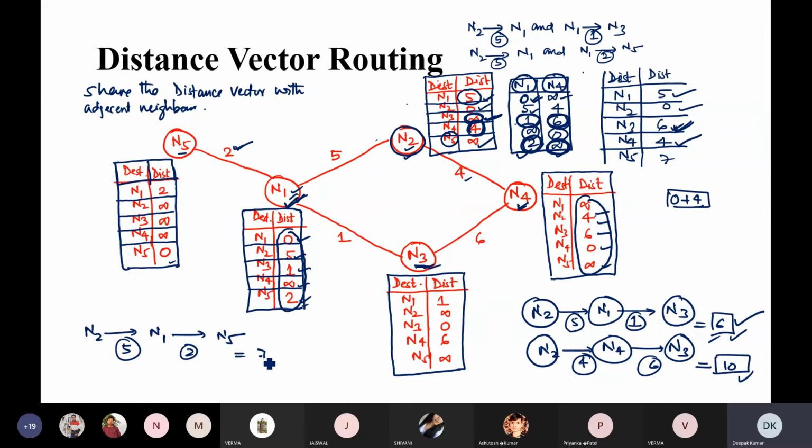Total it will become 7. So N5 is updated as 7. So the updated routing table of N2 is like this.